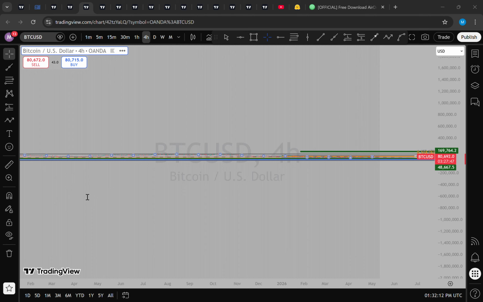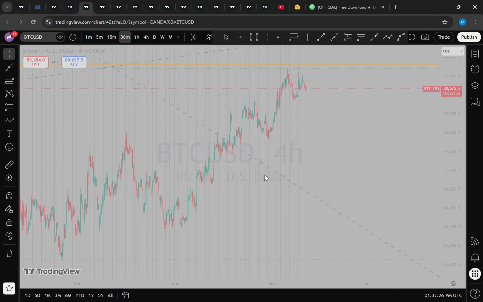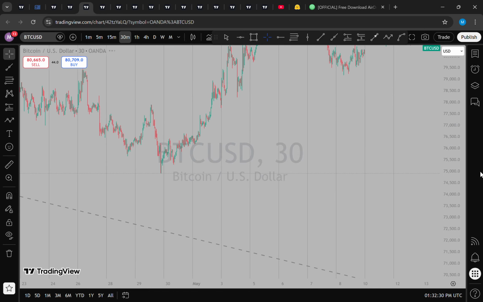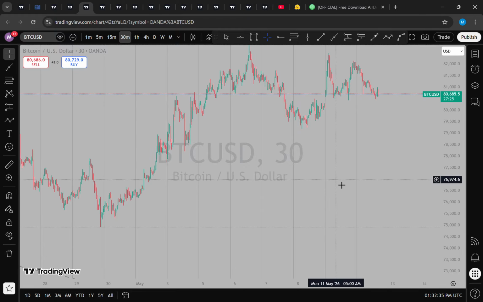So on 30 minutes right now, I want to identify the entry at the current zone. Since I know what is going on on 4 hours, right now it's just to jump to 30 minutes and see what is going on. So 30 minutes has been buying.